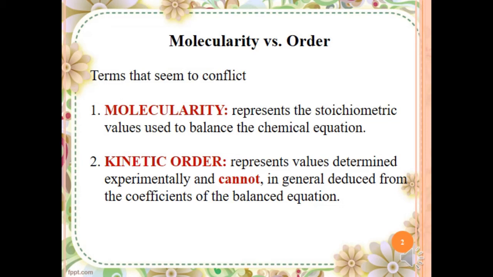It represents the stoichiometric value to use to balance the chemical equation, and that is why when we say elementary, it comes together with the word molecular. Okay, so we can have unimolecular elementary step or bimolecular elementary process.